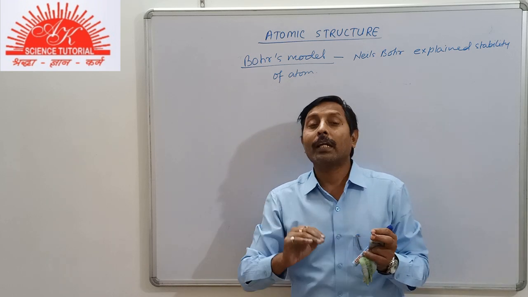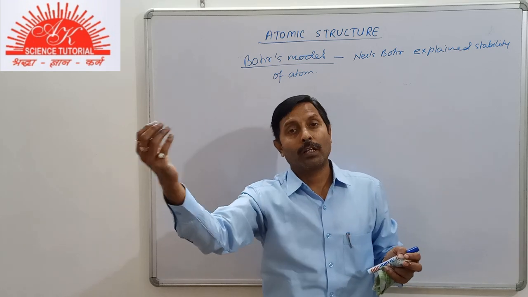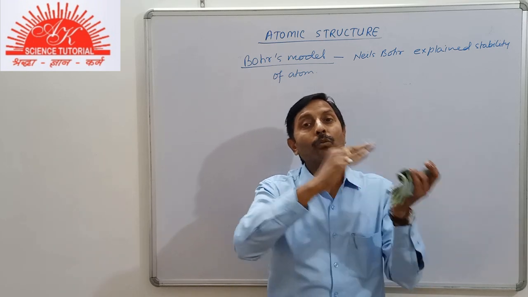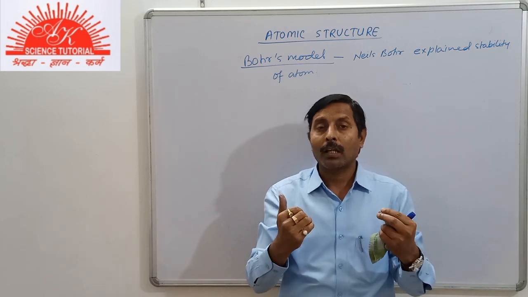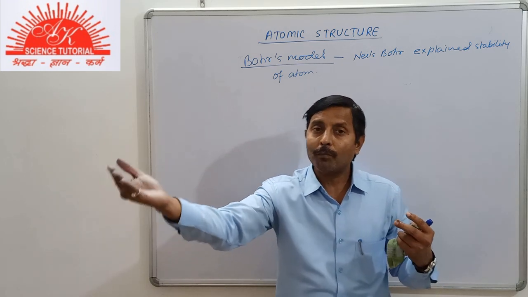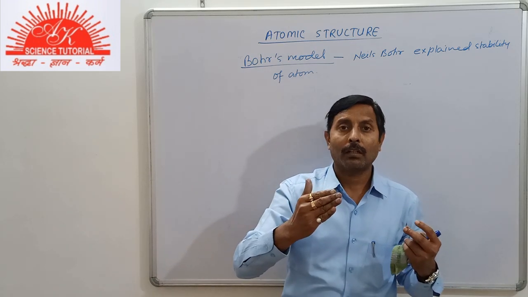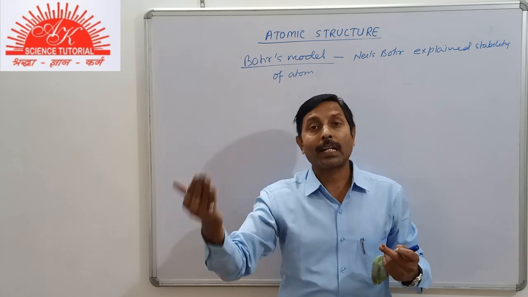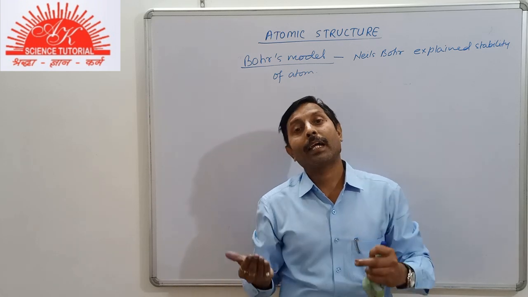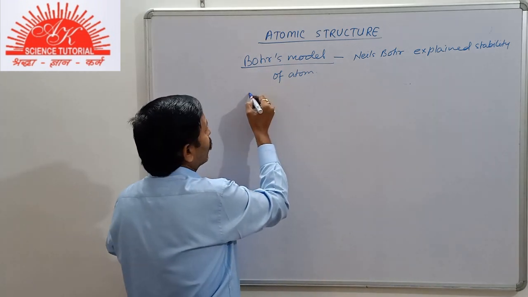But when an electron has to jump out, that is, has to go from inner to outer orbit, then it absorbs extra energy. And when an electron has to jump to an inner orbit, that is from outer to inner, then it will have to radiate out, it will have to release extra energy in order to become stable. So now you see, that is Bohr's model.